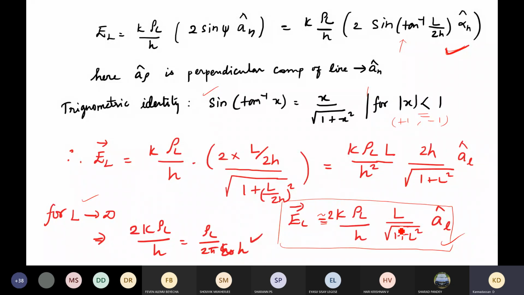So this can be approximated to 1, unity. By the way, you will get this expression where k is nothing but 1 by 4 pi epsilon. So 2 will be cancelled in this equation. This is quite the same as the expression we took for the infinite length case. So this is also quite a good, approximate answer.